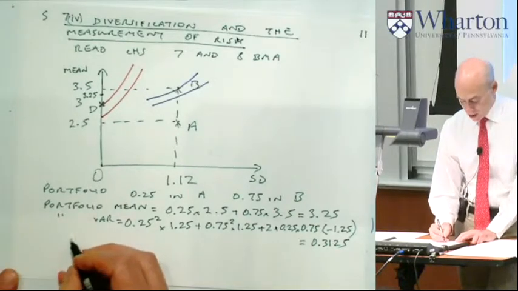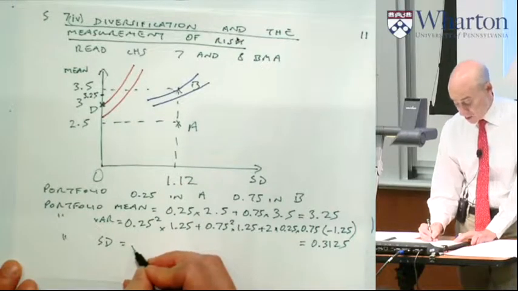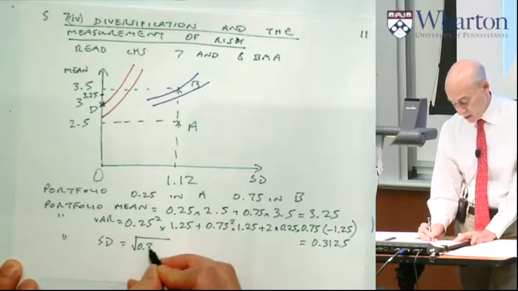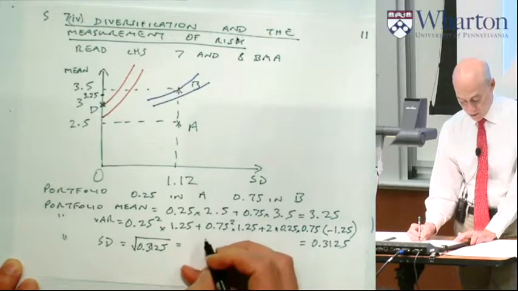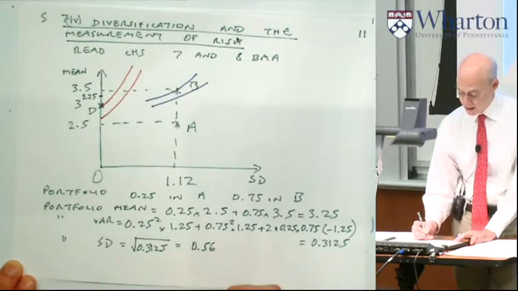So the portfolio standard deviation is going to be the square root of that. And if you calculate the square root of 0.3125, you get 0.56.